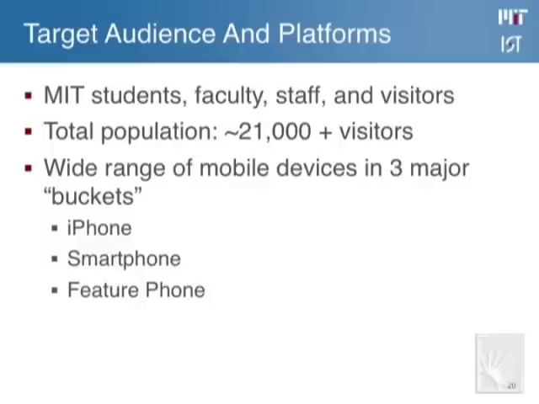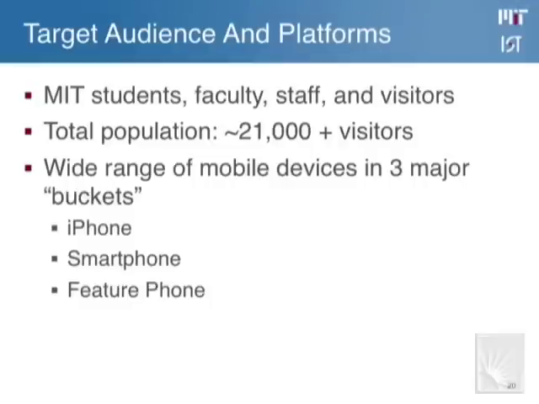So our audience, of course, is basically MIT students, faculty, staff, and visitors. And I would say they're a little bit different from the normal folks that are out there. So MIT students have, I think, a little higher set of expectations. And they're probably a lot more used to cooler stuff. So we certainly have to keep that in mind.